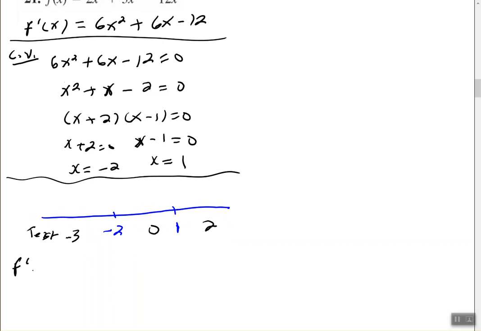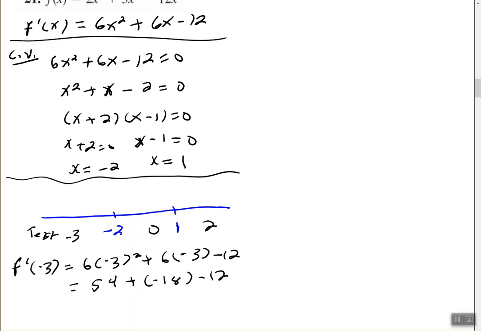Okay, so f prime of -3. -3 squared is 9. 9 times 6 is 54. Minus 18 or plus -18, minus 12.